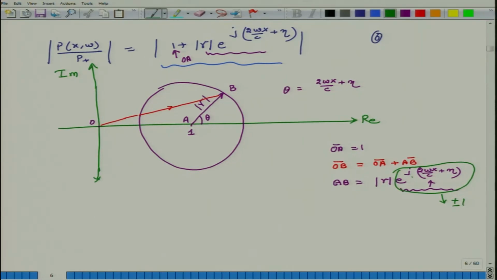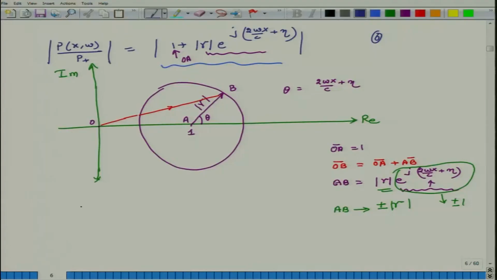So, this exponential term fluctuates between plus 1 and minus 1, and gamma is a constant. What this means is that AB will fluctuate between plus gamma and minus gamma. Its maximum value will be the positive absolute value of gamma, and its minimum value will be the negative of the absolute value of gamma.